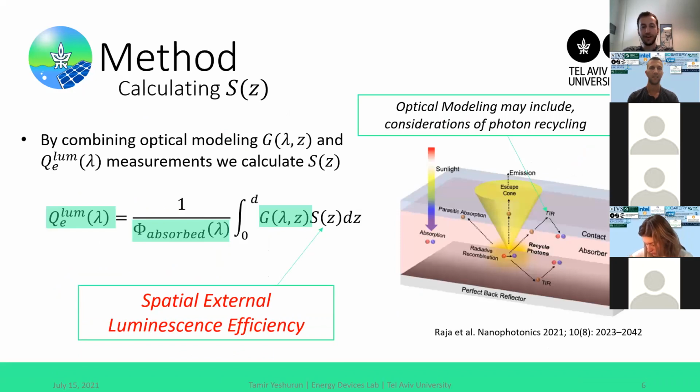We measure everything else, or we model the optical generation, and then we can extract the spatial external luminescence efficiency. We do not measure the in-depth, but this gives a method that we can basically use on more complicated devices, that is not intrusive, where we can just measure the PL signals, and by doing this method, we can extract this spatial information.